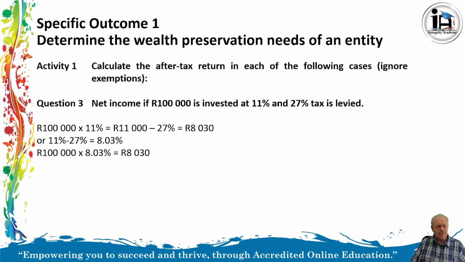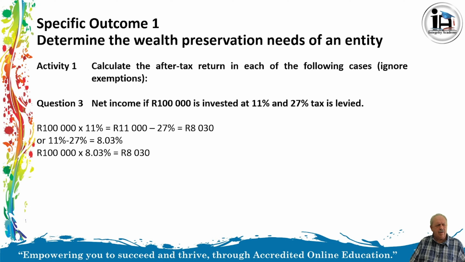So the 11,000 he got minus the tax reduces to 8,030. Or if you work out the effective interest rate, 11 minus 27% of that leaves him with 8.03%. If you multiply that straight with 100,000, that will give you the 8,030 rand. So you can do it either way around.